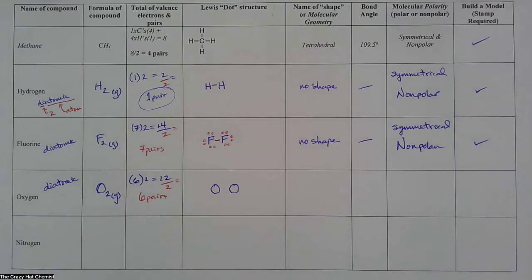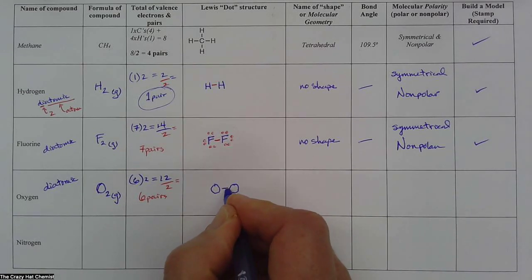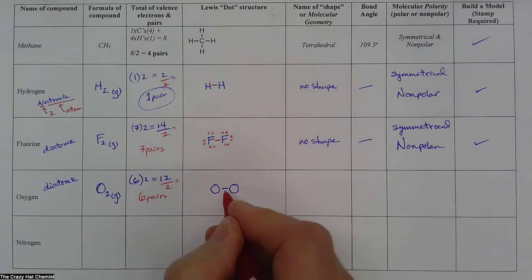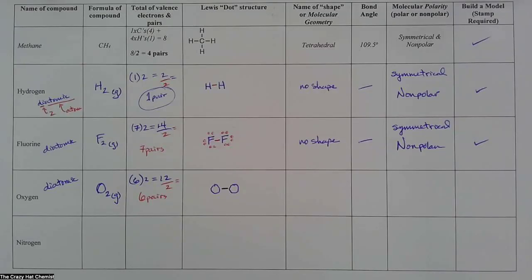All right, perfect. Now what we're going to do is follow the set of rules for placement of electrons, and that is the following. We got 6 pairs. First, bonding electrons between the central atom and the outside atom. We're going to put that right there like that. Then we're going to place lone pairs of electrons on the outside atoms.